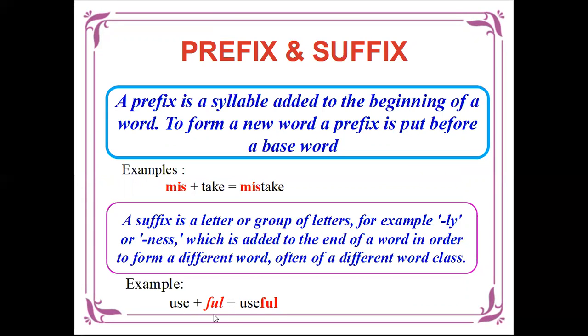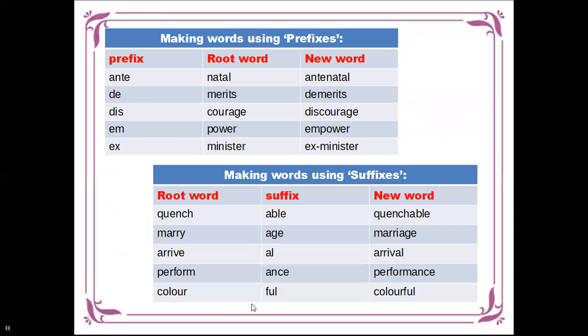So here full is a suffix which is added to the end of a word. Prefix is added to the beginning of a word: miss plus take equal to mistake. Suffix is a group of letters which is added to the end of a word. For example, use plus full equal to useful.